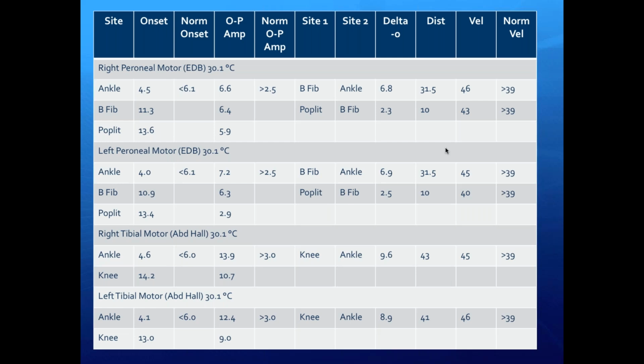And then my question and challenge, John, is where do you see the importance of F-wave studies in this specific case? Well, F waves generally are very helpful to help rule out polyneuropathy.